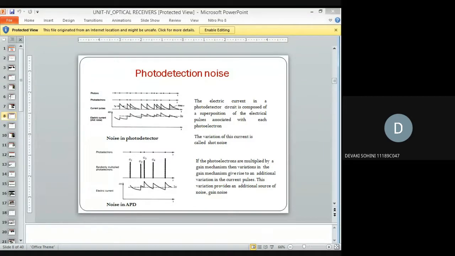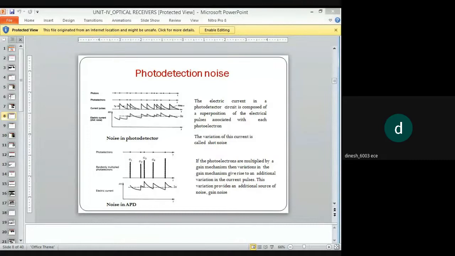And then next is the photodetection noise. The electric current in a photodetector circuit is composed of a superposition of electrical pulses associated with each photoelectron.